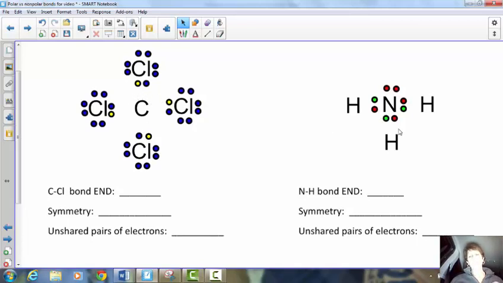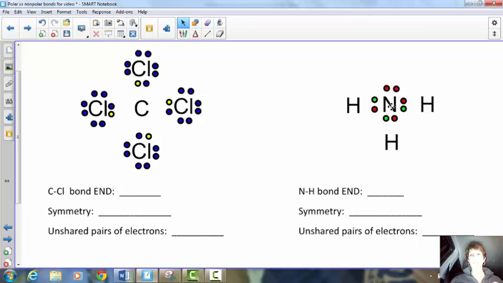If I go over here to my nitrogen trihydride, or ammonia, this one's very different. The electronegativity difference will also come out polar, so calculate what it is and put it on that line. But I'm really interested in the symmetry and the unshared pairs of electrons. So this is not symmetrical. 3 sides have hydrogen, 1 side doesn't. So it's asymmetrical. Unshared pairs of electrons on the central atom.